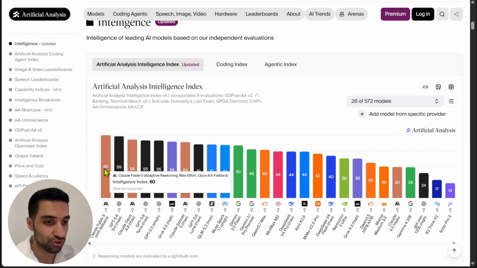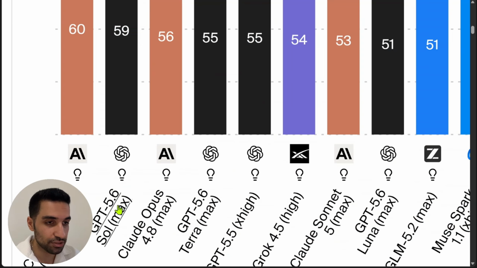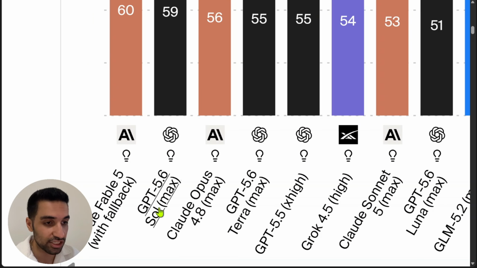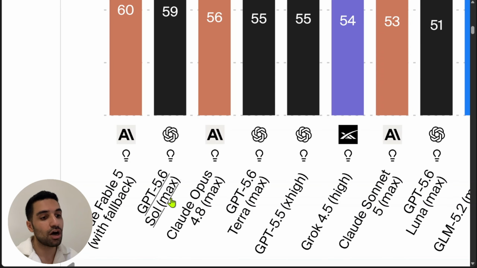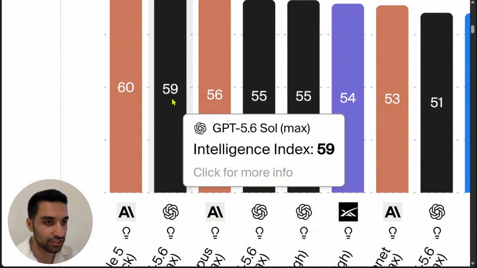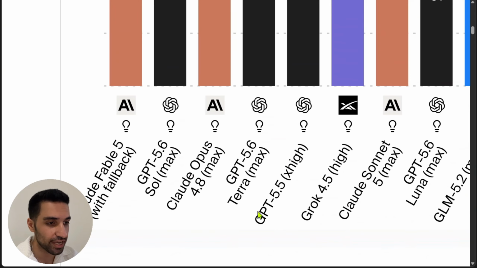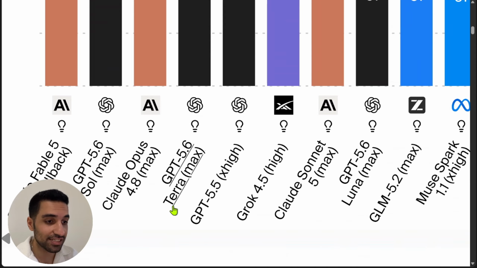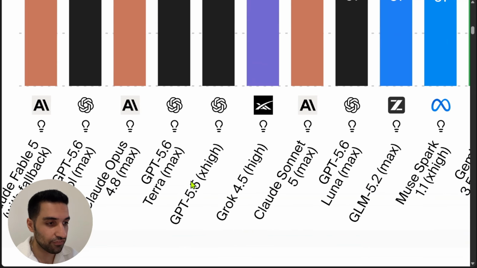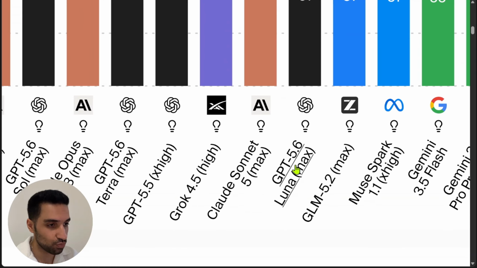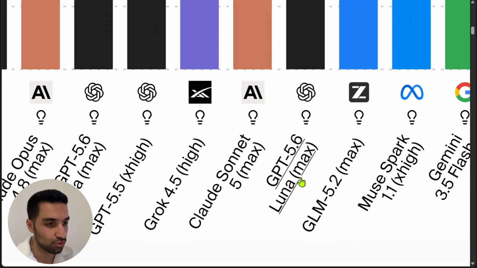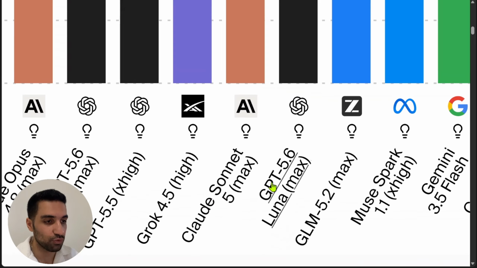You see it got a score of 60, and right before that we have GPT 5.6 Sol, the biggest one on max reasoning effort, standing at 59. Then after that comes Opus 4.8, and then 5.6 Terra. If we go a little bit backward, we can also see GPT 5.6 Luna, which is right behind Claude Sonnet 5, which was released one week ago.